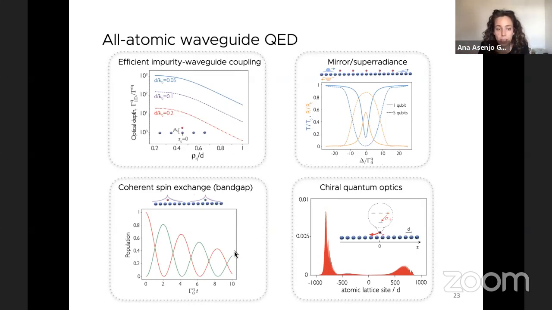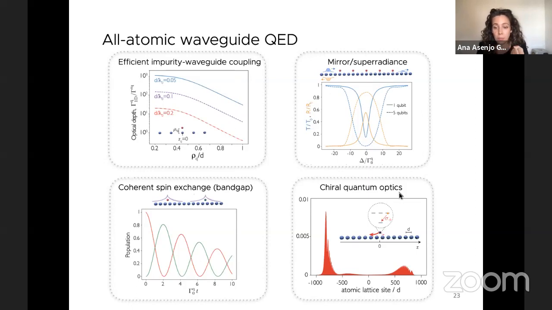Another example, just to tell you how versatile these interfaces are, is that one can realize chiral quantum optics. Because this atomic array has a confined field, there's a near field, which means there is helicity in the near field.